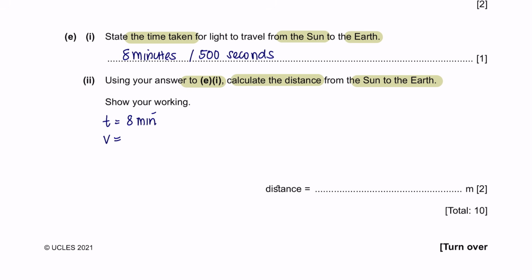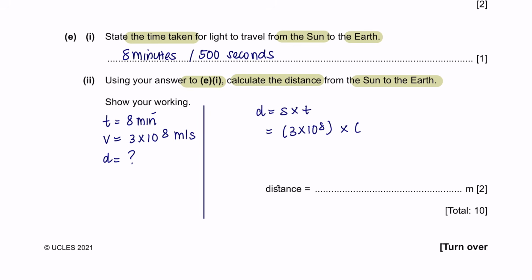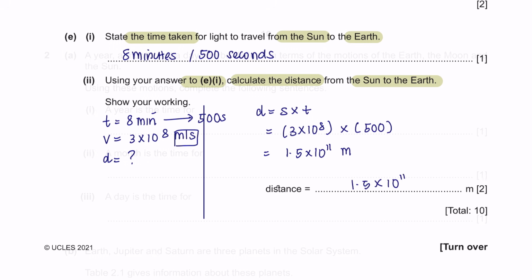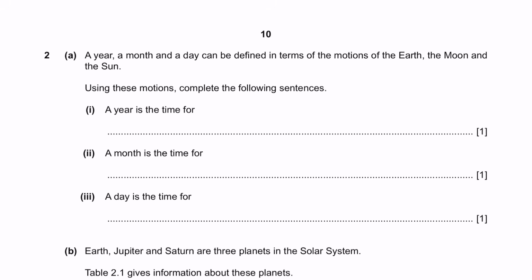We know that the speed of light equals 3 times 10 to the power of 8 meters per second, and we're looking to find the distance. Distance equals speed times time, and since the unit here is meters per second, we have to use 500 seconds instead of 8 minutes. And we will get a value of 1.5 times 10 to the power of 11, and our unit here is meters.